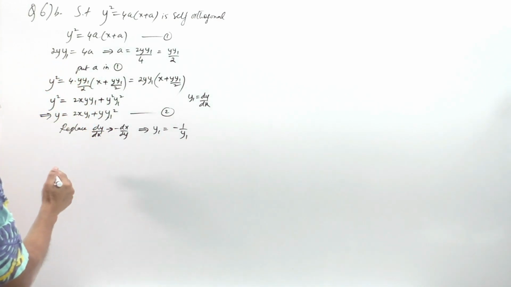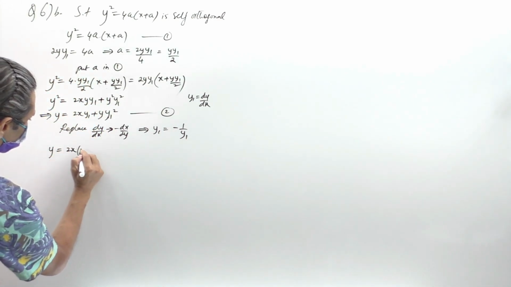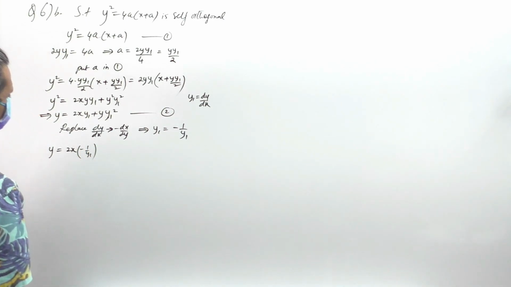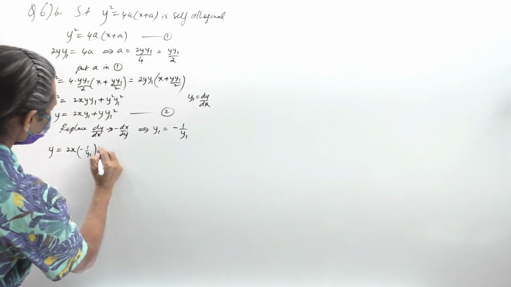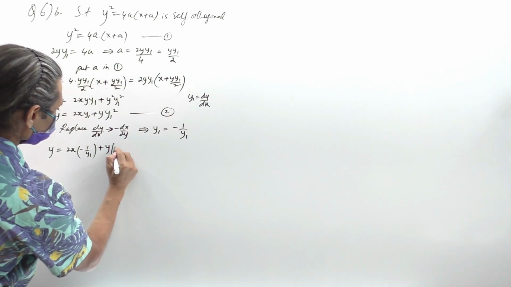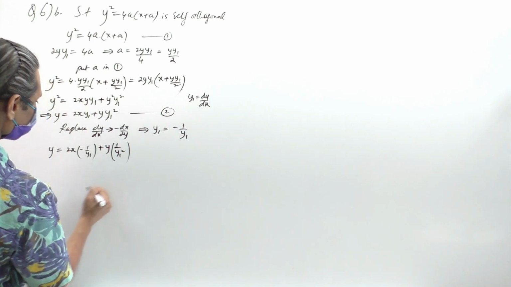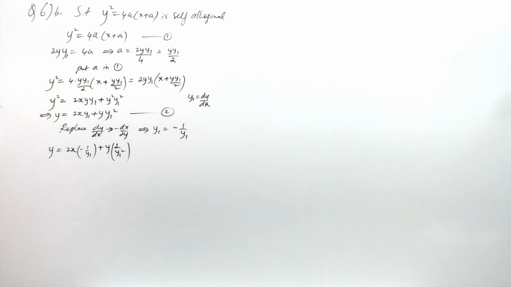So put it here now, it implies y is equal to 2x into minus 1 by y1, plus y into minus 1 by y1 square, which is 1 by y1 square as it is, okay, am I right?